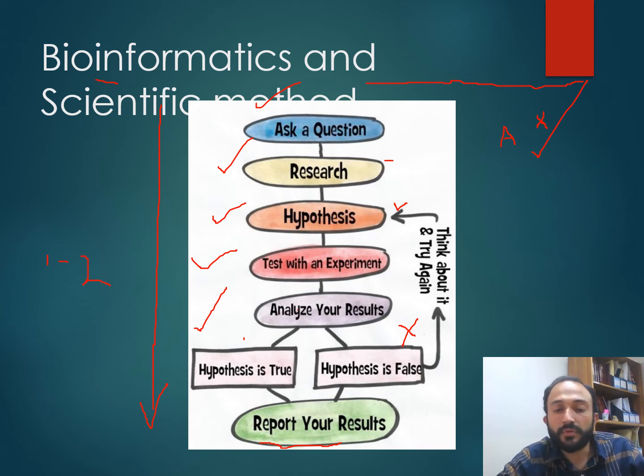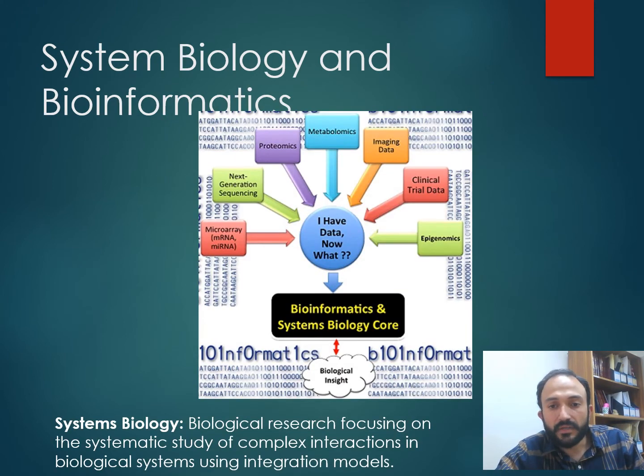And if you are doing it using biological approaches, that will take months. So bioinformatics can help you to come up with very good scientific hypotheses and results very quickly, and then using that information you can just validate that experimentally, and you can come up with the conclusion.